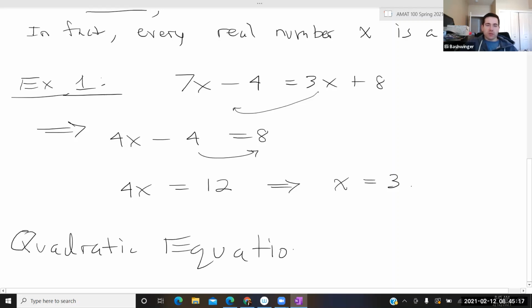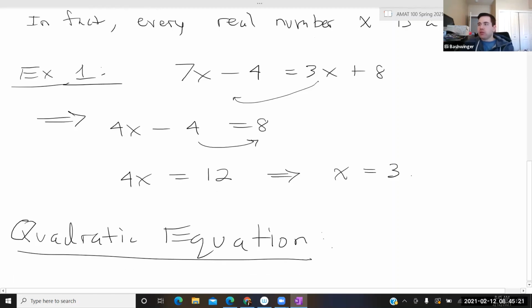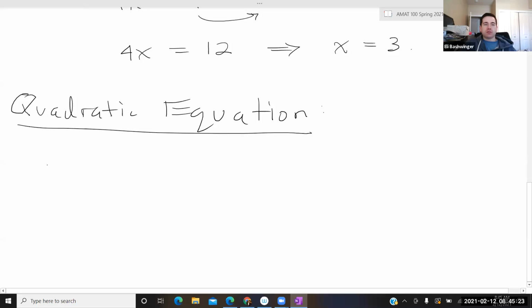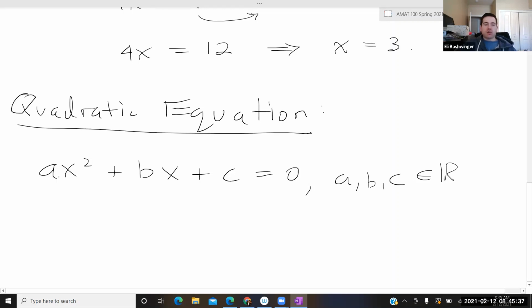Let's look at this a little more closely. A quadratic equation is an equation of the following form: ax squared plus bx plus c equals 0, where a, b, and c are all real numbers.